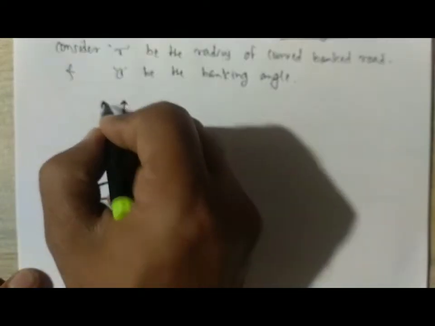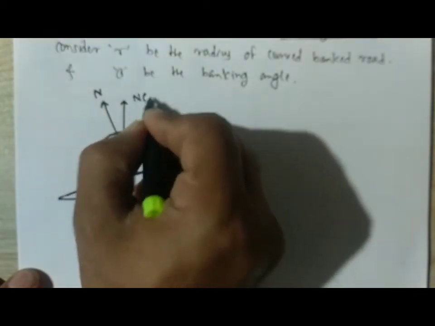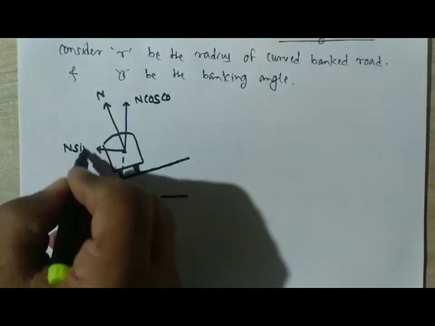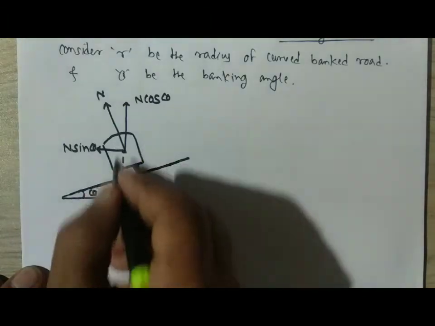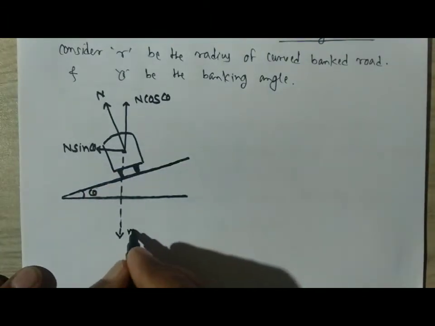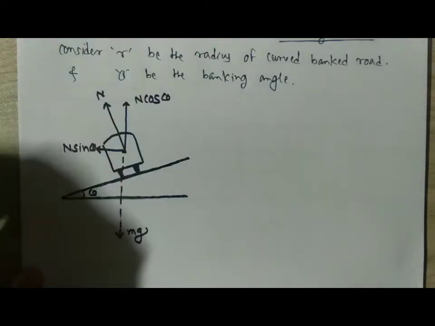These two parts are N cos theta and N sin theta. This is the angle theta, and we know that the weight of the vehicle acts vertically downward.